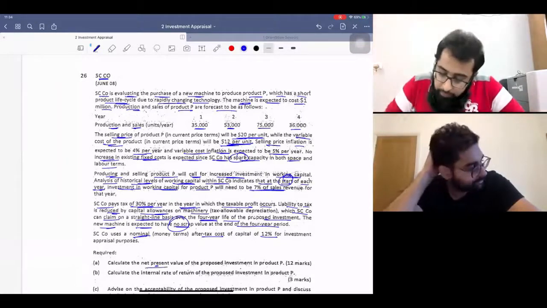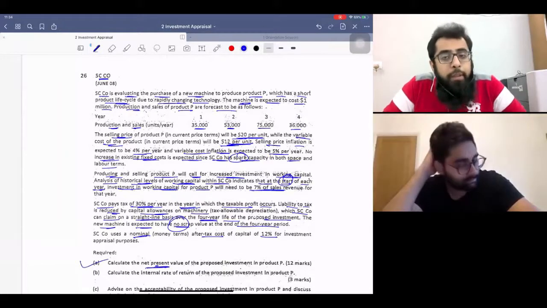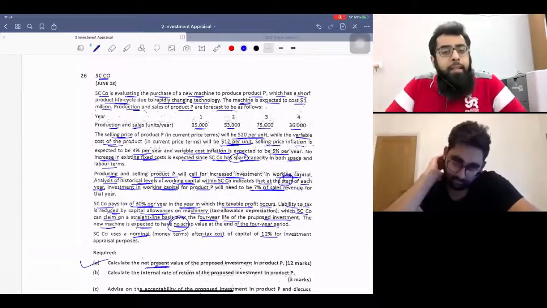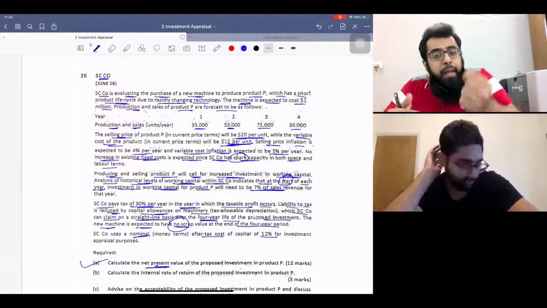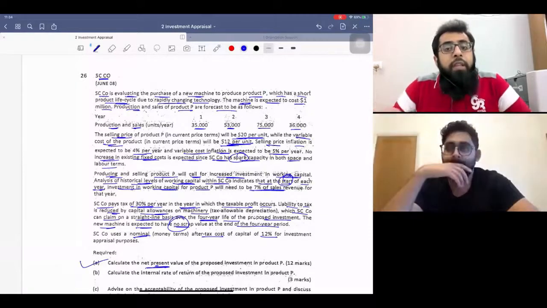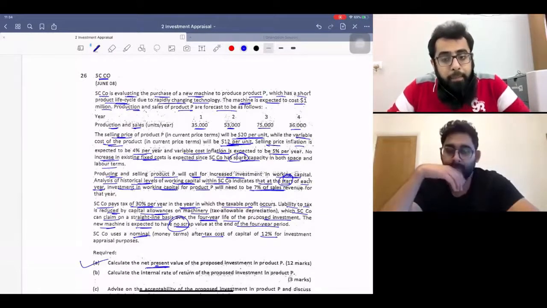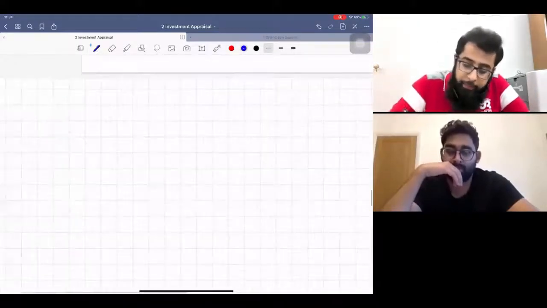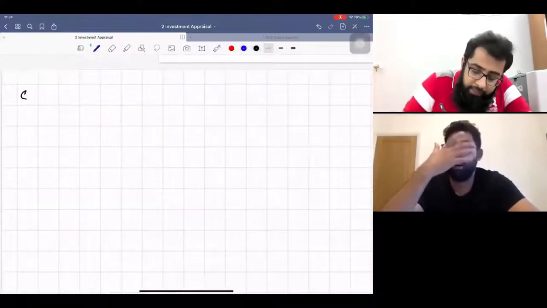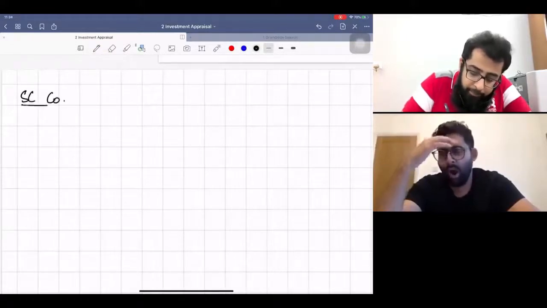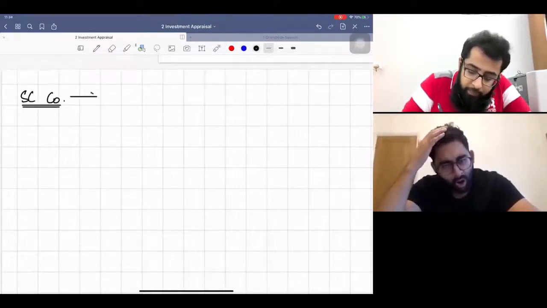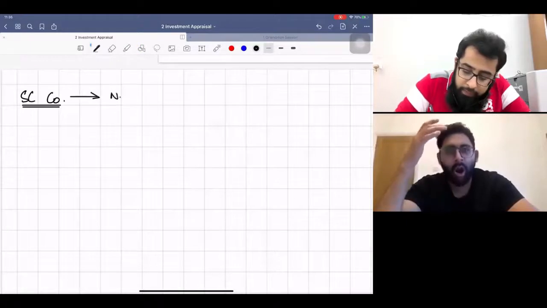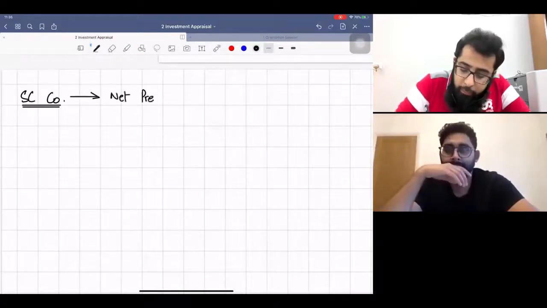Again, we'll calculate the net present value of the project. Some basic revision, and then one more new learning, which is of incremental working capital. SC company, net present value.